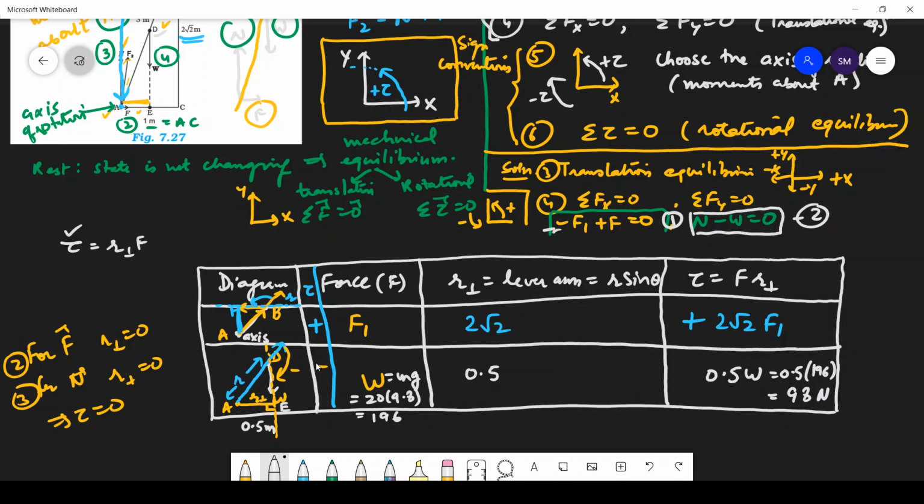And so you have the equations. Now you have 3 equations. One equation you will get from here, summation tau is equal to 0. So that is 2 root 2 F1, and this tau is minus over here, so that's minus 0.5 times 98, which we have calculated, and that's equal to 0.